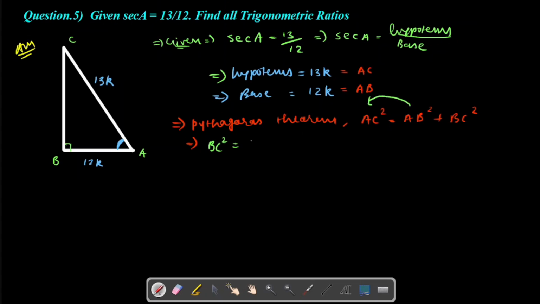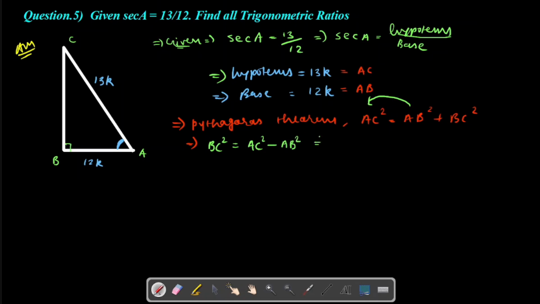AC square remains the same, and AB square jumps to the other side of the equation, so its sign will be changed. Here the sign is positive, so we can assume it is positive, and when AB square jumps to the other side, it becomes minus AB square.